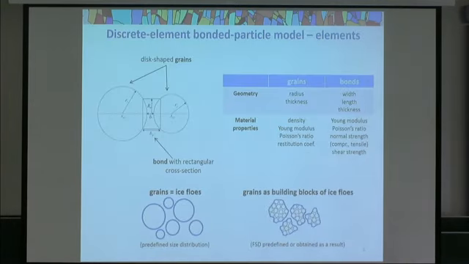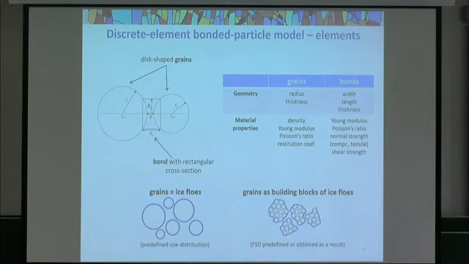But first, about the model itself. As every discrete element model, it is based on grains or particles, doesn't matter how we call them. In this case, they are disc-shaped, and they might be connected with bonds, in this case, with rectangular cross-section.